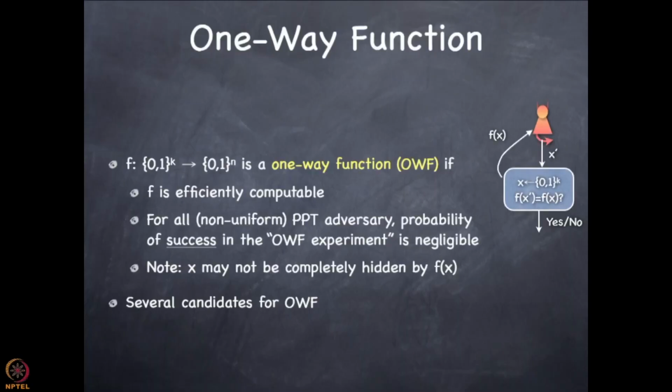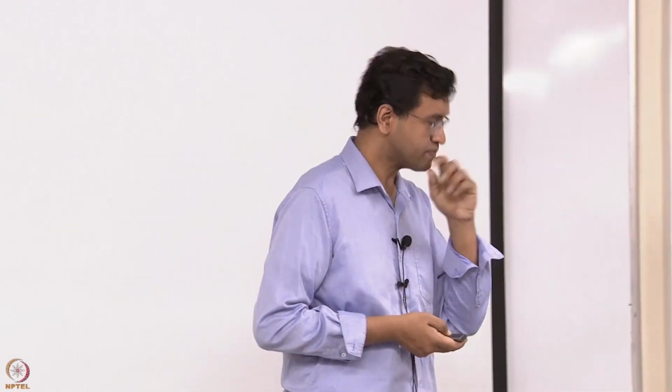And there are many others; we'll see something later today. This is not just good enough for a PRF, it is necessary. If you are going to have a PRG or a PRF, you need to have a one-way function. So it's exactly the kind of computational hardness that's needed to build a PRF or a PRG.